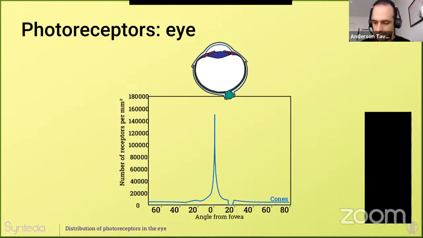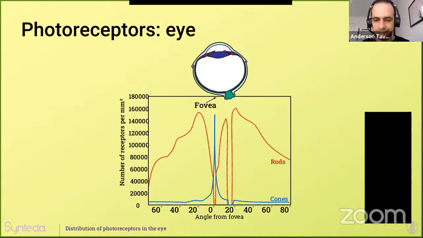The rods are in the periphery of the eye. So we could think of having a good resolution in the center of the eye, but not so good resolution in the periphery. It's a different experience that we have in the center and in the extremes.